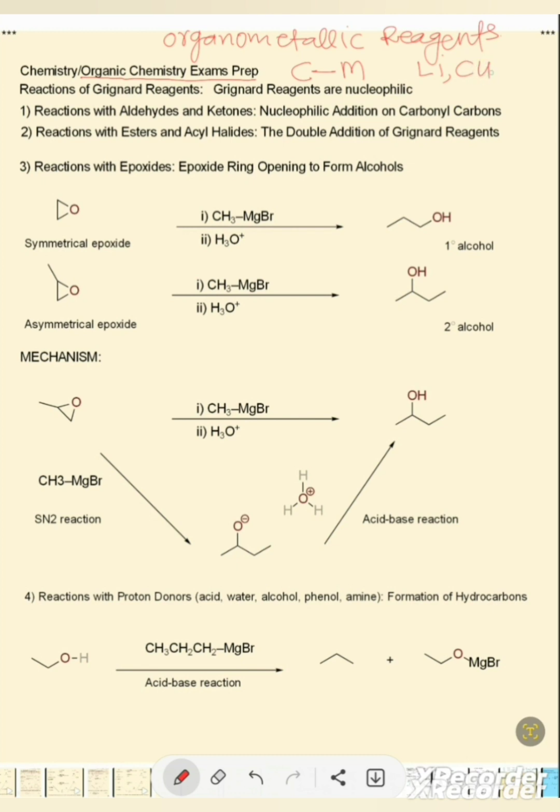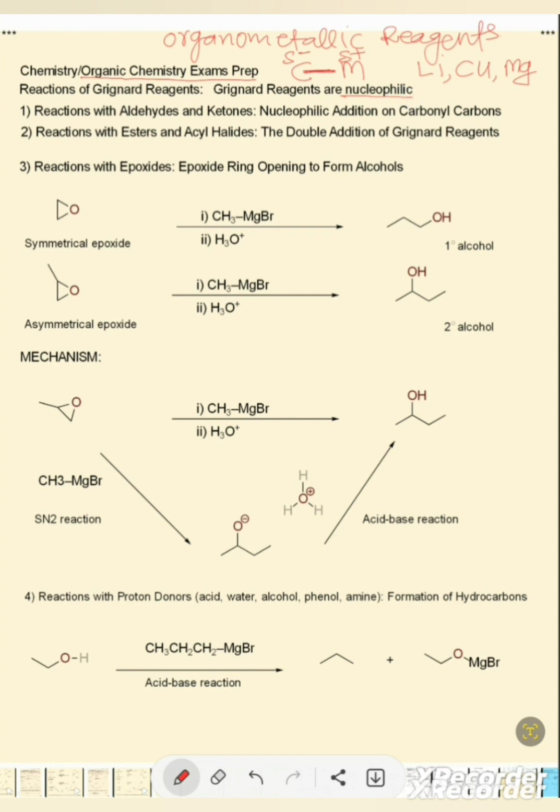It could be copper in case of Gilman reagents, and in case of Grignard reagent, it is magnesium. So this carbon metal bond being very polar, it's got some ionic character to it. So the metal being electropositive could be considered as partial positive and the carbon is partial negative. So that's the reason that our organometallic compounds are nucleophilic in nature.